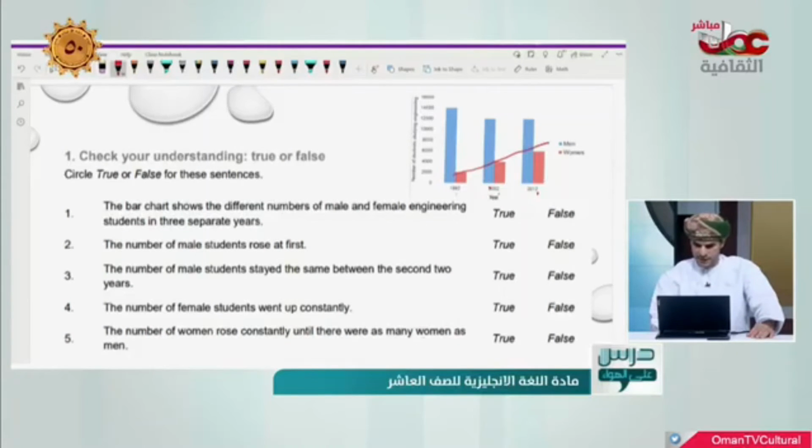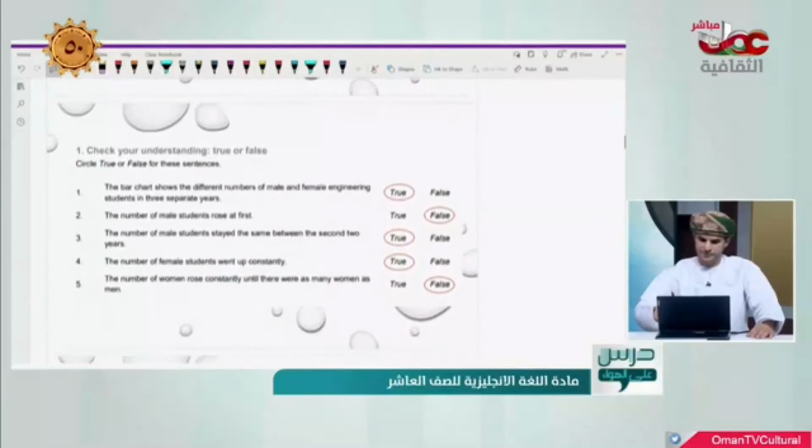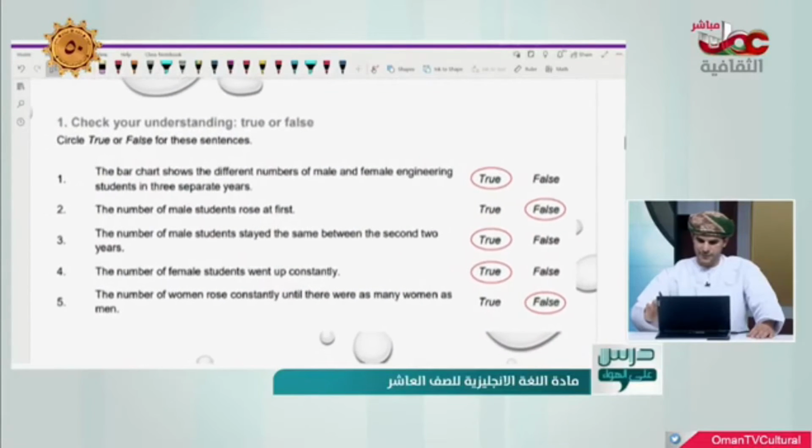What does it mean here? As many as men. Here it means they reach the same level. Is this true? Women here and men here. So let's see the answers. The first one is true, second false, and third true, fourth true, and the fifth question is false.